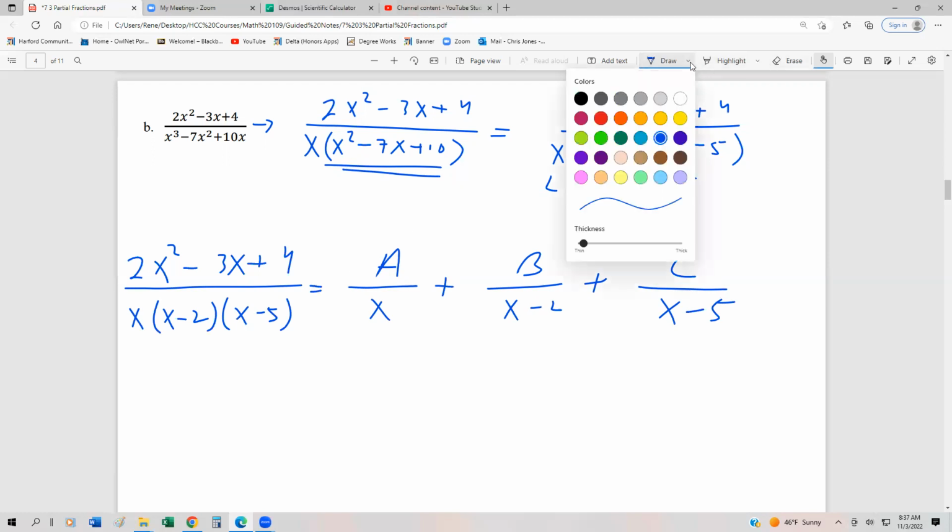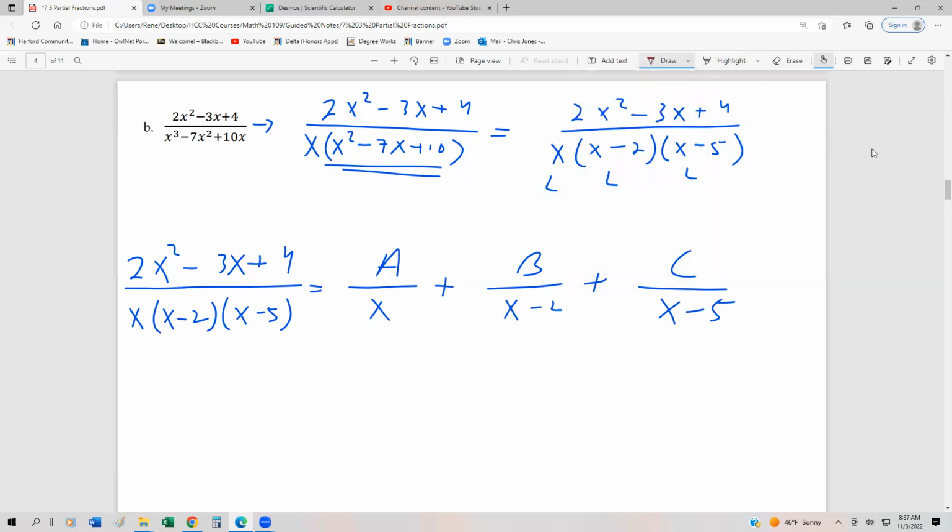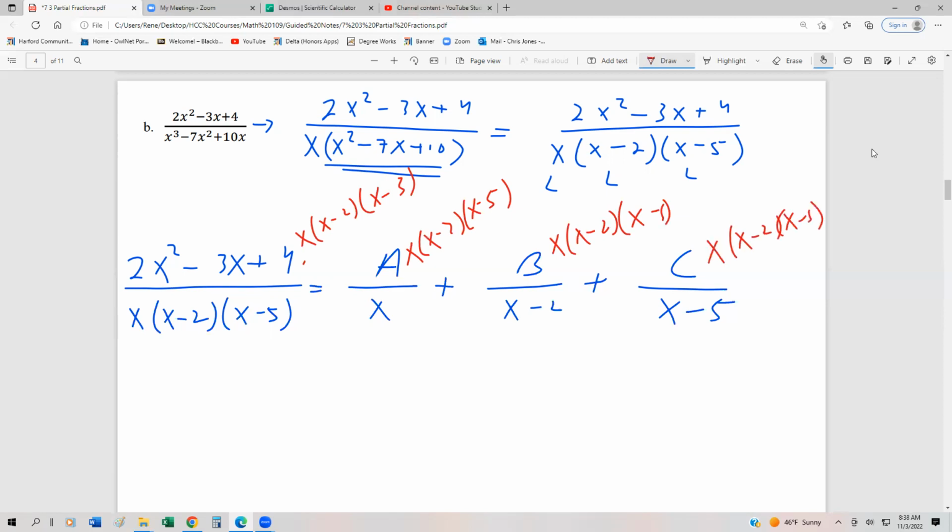All right, now here's the tricky part. This is the algebra intensive part. We are going to multiply everything by the least common denominator. So I'm going to multiply each fraction by x(x minus 2)(x minus 5), and then we simplify.